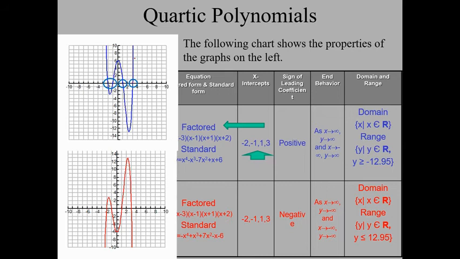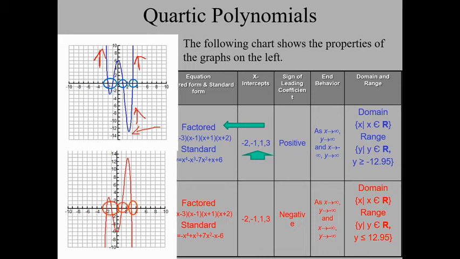Notice that on this one both sides are going up, so your leading coefficient is positive. The domain is all real numbers. The range, though, notice how it starts here and then goes up. So you have to be careful with these. Your cubics are all real numbers for both domain and range. That's not so for your even polynomials, okay?